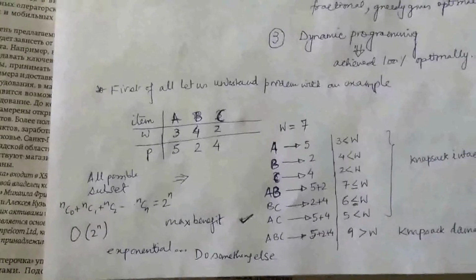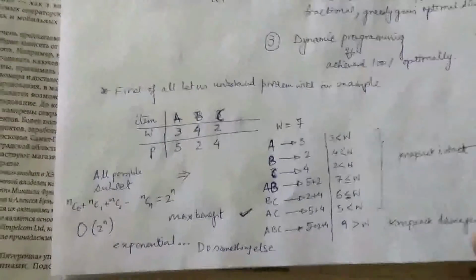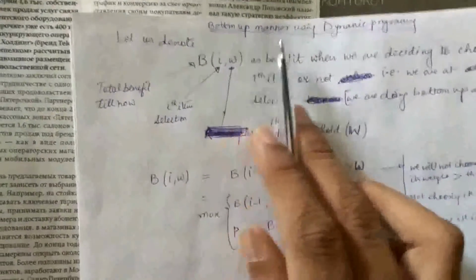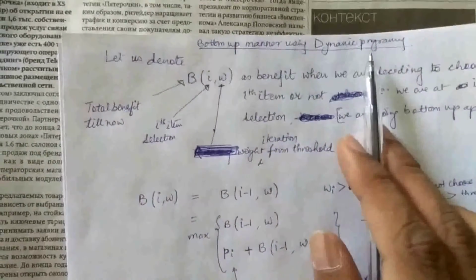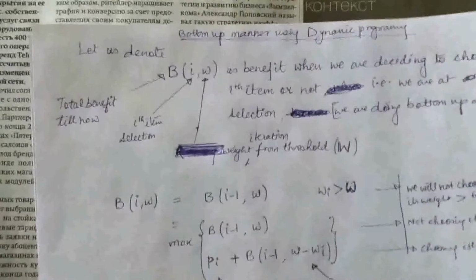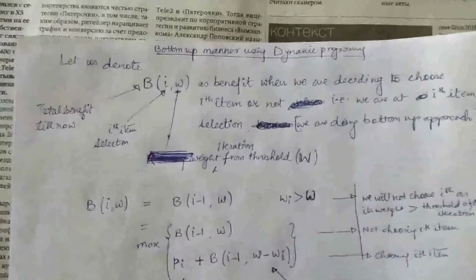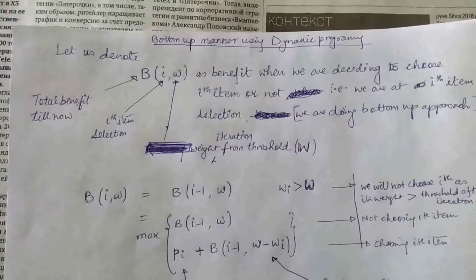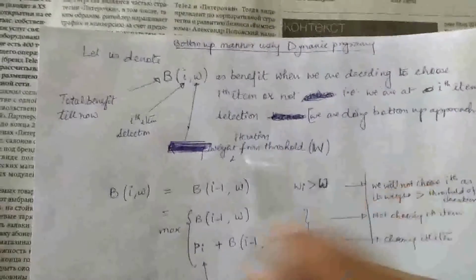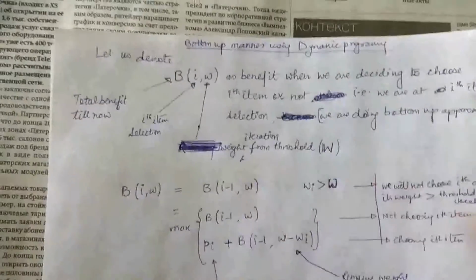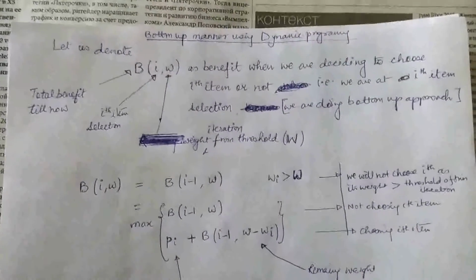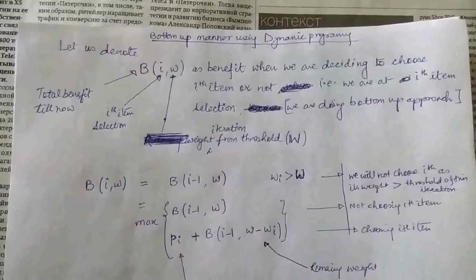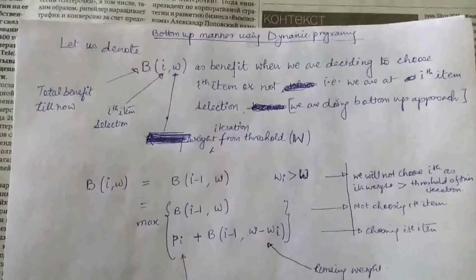We will evaluate using dynamic programming, following a bottom-up manner. Let us denote this function B(i, w) as a benefit function when we are deciding whether to choose the ith item.